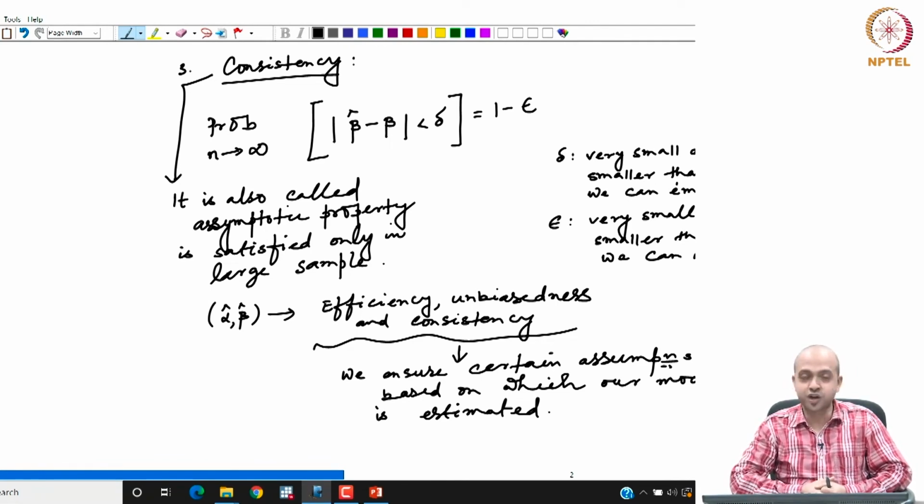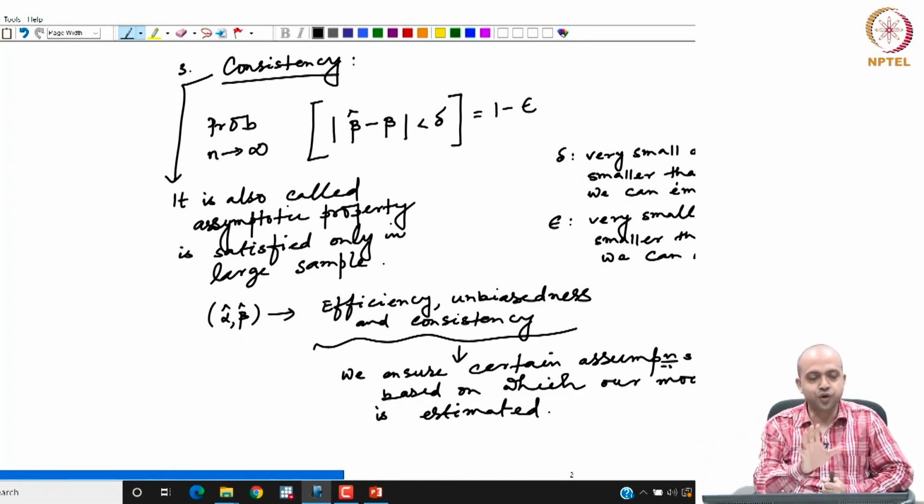Your alpha hat and beta hat will not satisfy efficiency, unbiasedness and consistency when the assumptions of that idealistic situation are violated. That is why when we estimate the model, we have to specifically check whether any of those assumptions are violated or not. If violated, then we have to apply appropriate remedial measures. Those things we will discuss in a later part of our discussion.